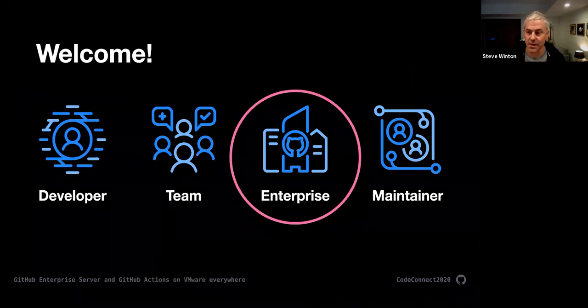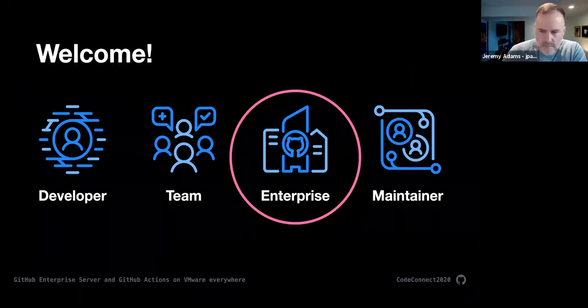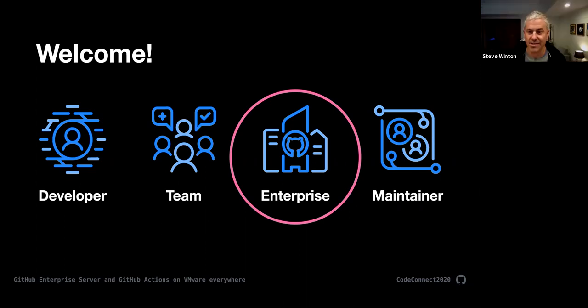In a session an hour ago, we gave a quick overview of GitHub Actions, and provided a couple of CI/CD examples and supporting workflows, all enabled by Actions on GitHub.com. In this session, we're going to focus on the enterprise and take a look at how you can execute and operate very similar scenarios, but in your own data center or private cloud enabled by VMware.